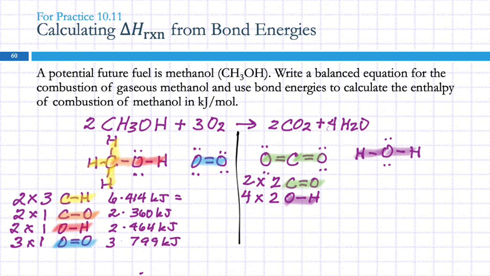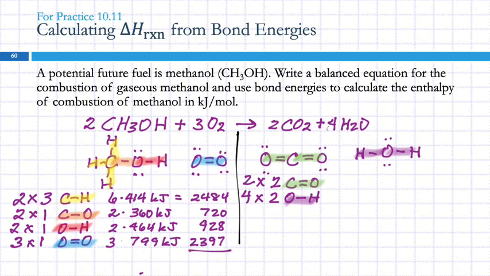So then I can add up all the energy that I need to put in to break up everything. So 6 times 414, 2484. 2 times 360, 720. 2 times 464, 928. 3 times 799, 2397.